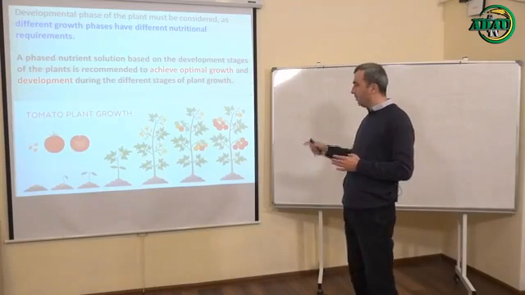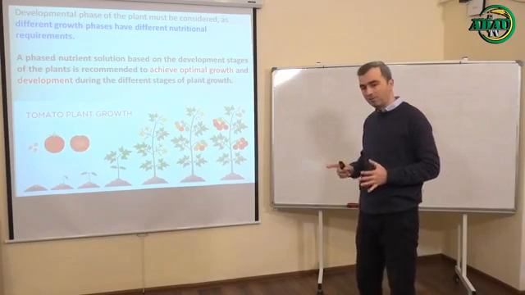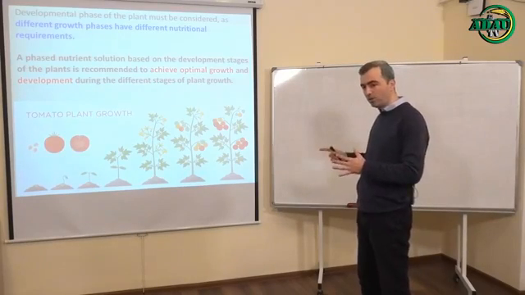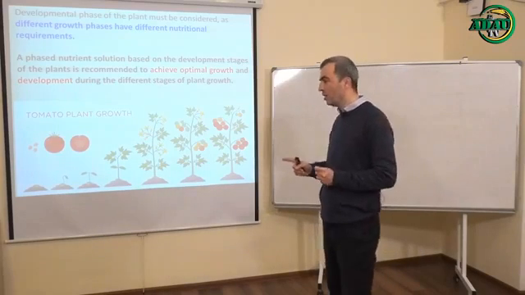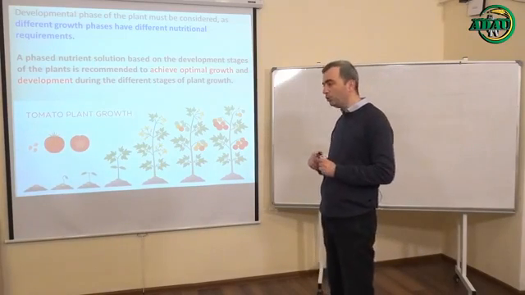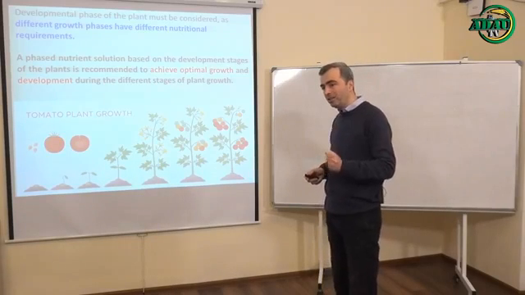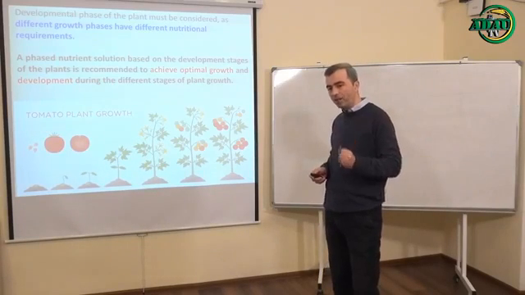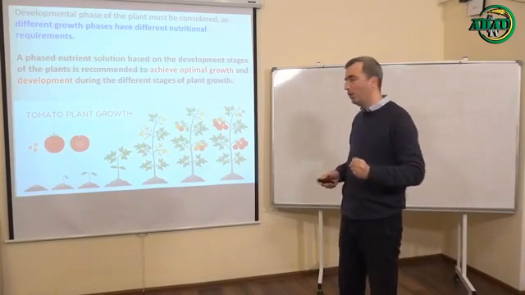As I said, the provision of nutrient solutions based on plant growth helps us to achieve optimal growth and development during the vegetation period, and in the end gives us a very productive plant with very tasty fruits.